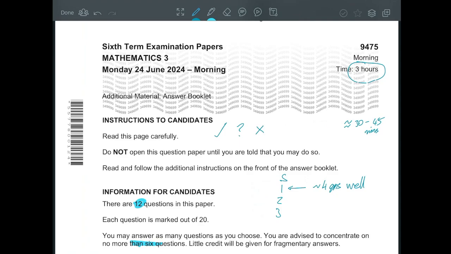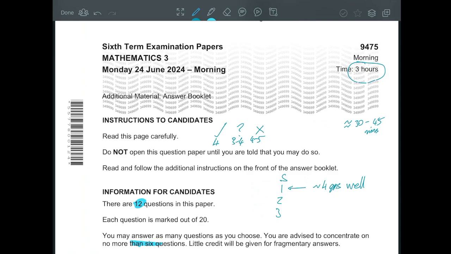I'm hoping that I can find 4 questions which I tick, maybe 3 or 4 questions which I'm not sure about, which I'll come back to after I've done my 4 strong questions, and then the remaining 4 to 5 to make the 12 that I just wouldn't touch in the exam situation.